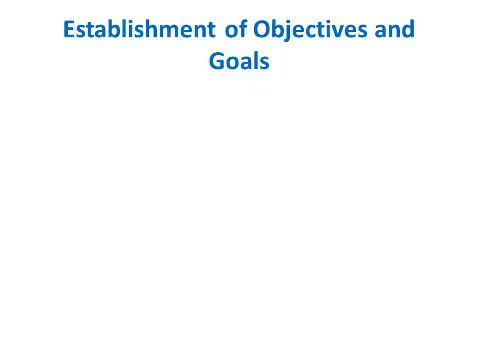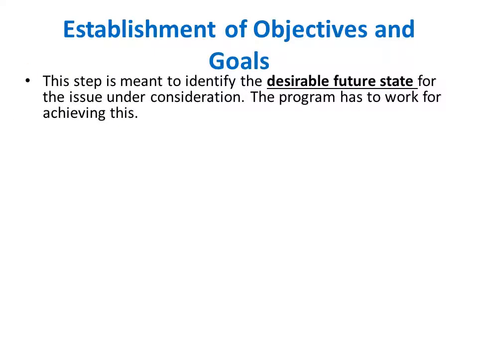The second step is establishment of objectives and goals. What is an objective? Well, once we have studied the present situation, we have to identify a desirable future state for the issue under consideration. This is an objective. For example, a person lives in a society where the proportion of population below poverty line is 30%, and he desires that in future, I want to live in a society where there is no poverty.